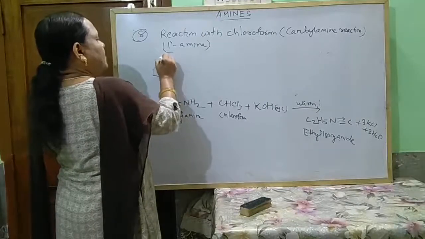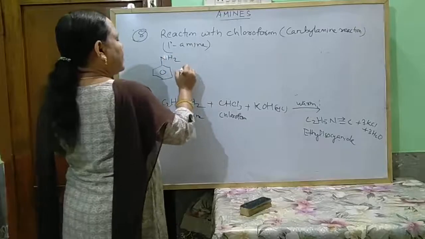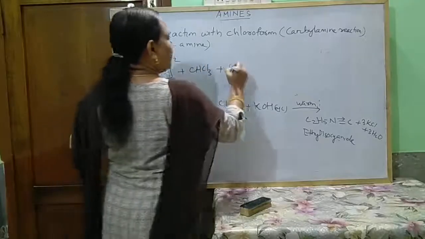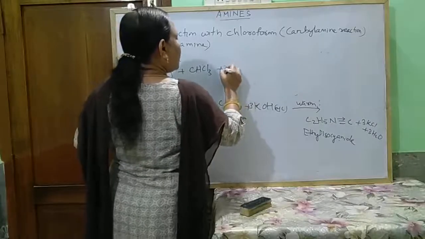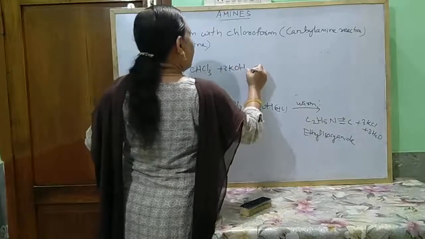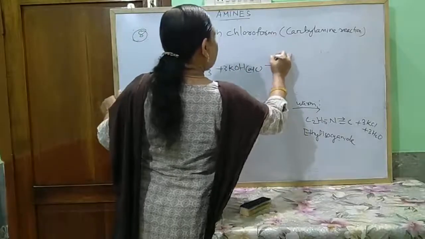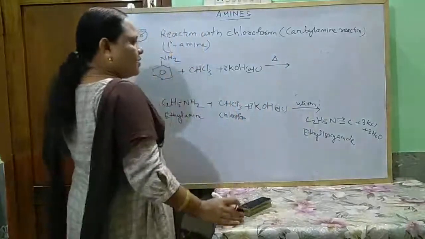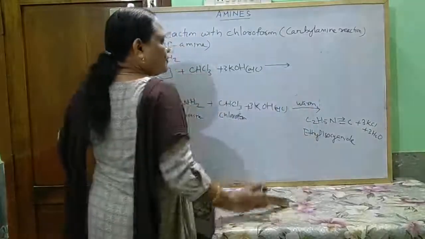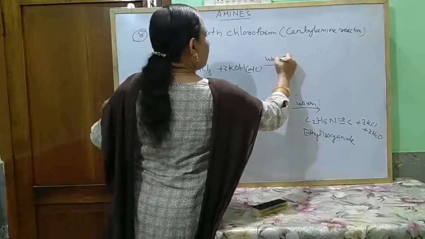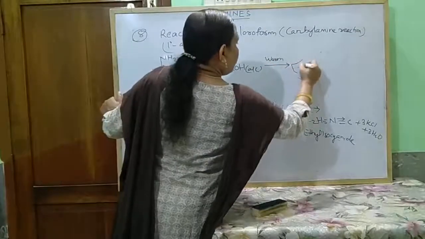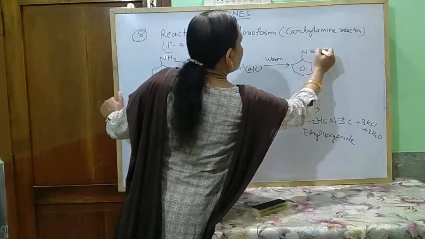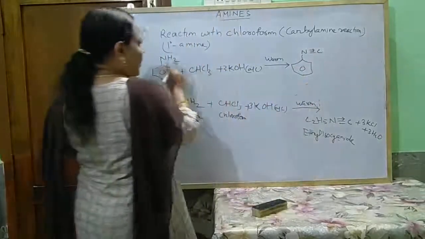This is aniline reacts with chloroform in presence of alcoholic potassium hydroxide, to form, on warming or heat, phenyl carbylamine.